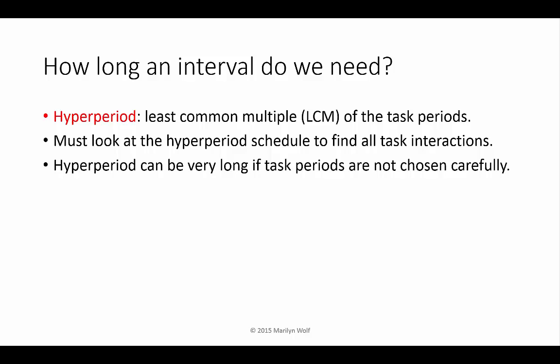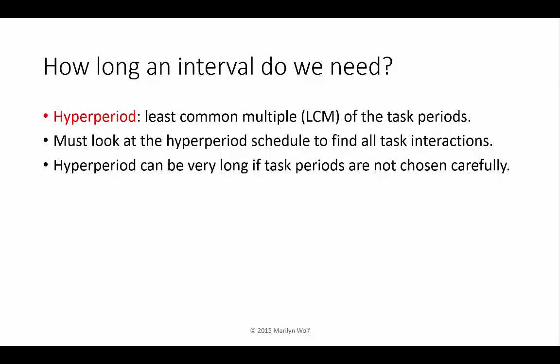Now, how long an interval do we need to determine the true utilization of the system, the worst case utilization? Well, that interval is the least common multiple of all the task periods, and that's known as the hyperperiod. So we take all the tasks, we look at all their periods, and we find the least common multiple.